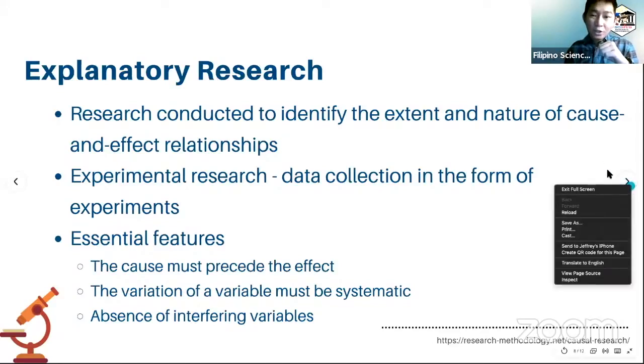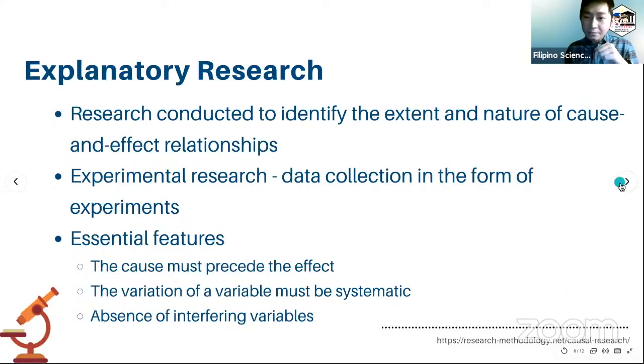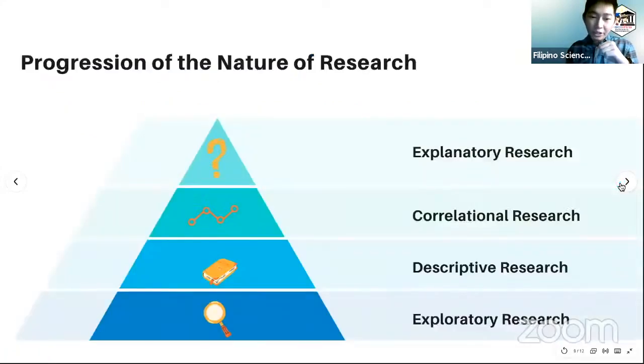Okay? So the next slide is like a diagram of this progression. So we have the exploratory research at the very bottom because it gives the lay of the land, if you will. And from the exploratory research, you can try to look at a certain important aspect and derive a descriptive research on that aspect.